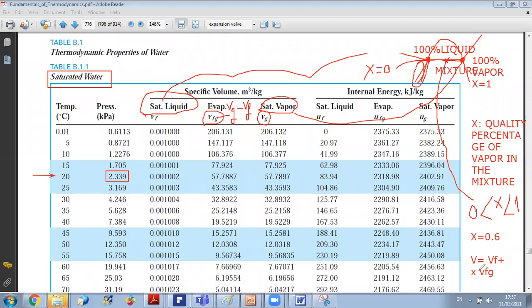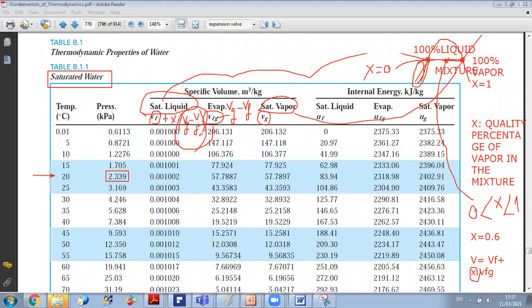So if you know X, you can find the property by taking the property at saturated liquid and adding X times the difference between VG and VF. Since this difference is widely used, I directly gave you the value. VG minus VF is given by VFG, so you can directly replace this term by VFG.